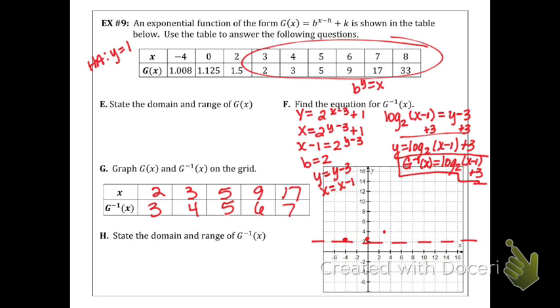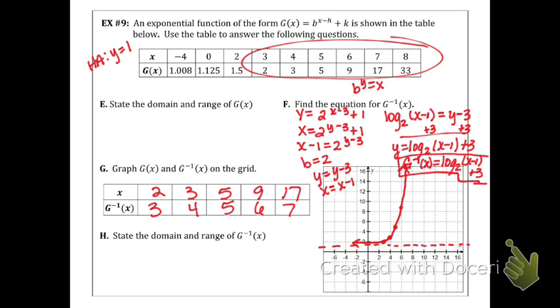Didn't catch that. These are by 2s. So 3, 2, 4, 3, 5, 5, 6, 9, 7, 17. So that's enough there. And so we have those points there.